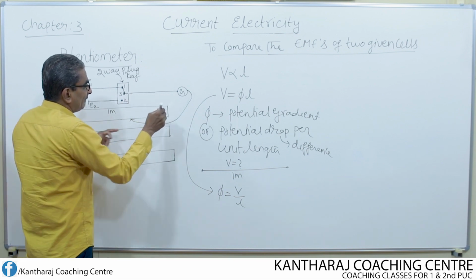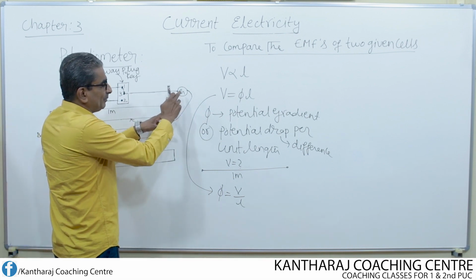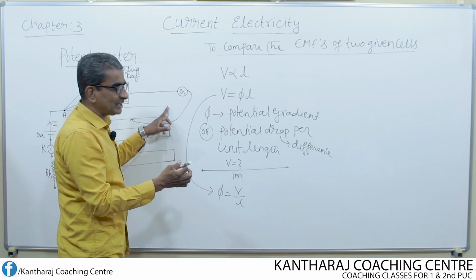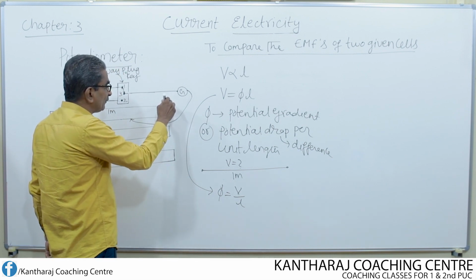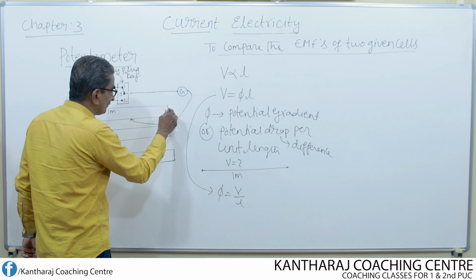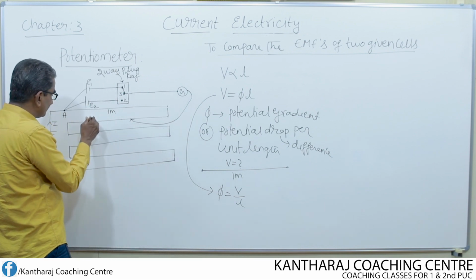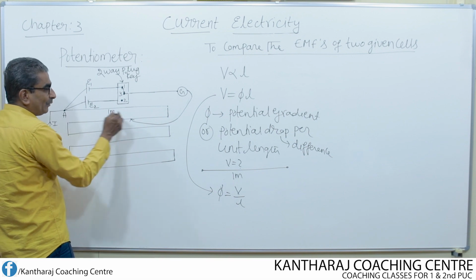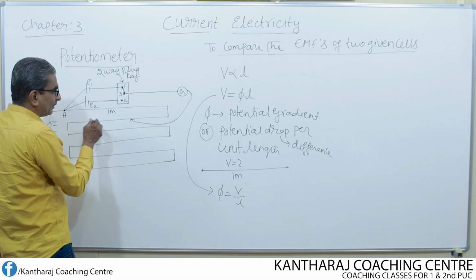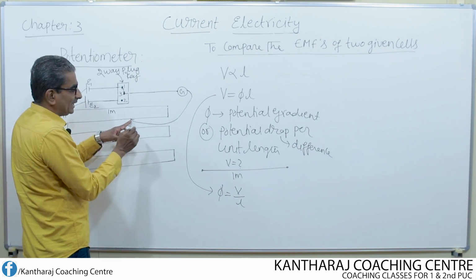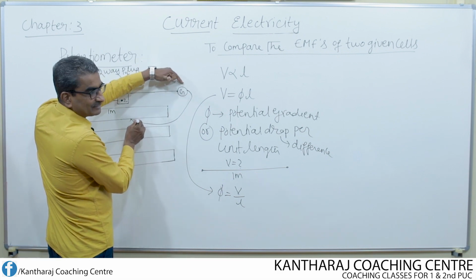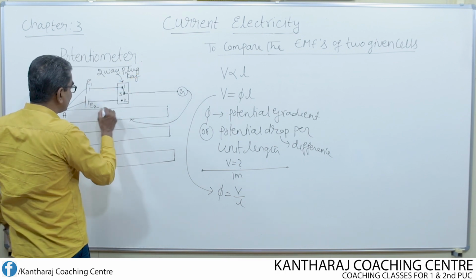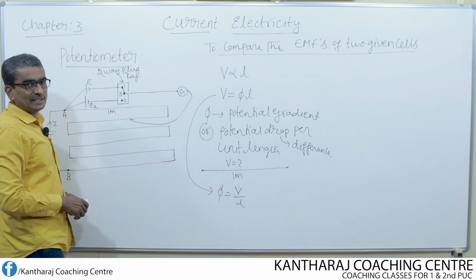Even after reaching this point, if the galvanometer doesn't show zero deflection, then I have to shift the jockey from this wire to the next wire and continue moving up to this point. At some point on the second wire, if we get zero deflection, then this length will become the balancing length.